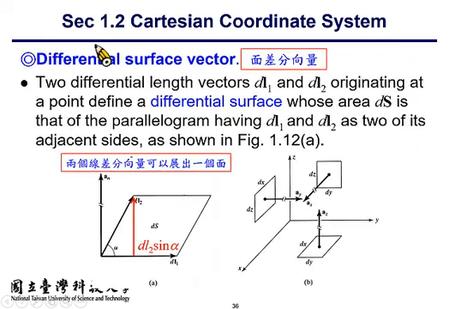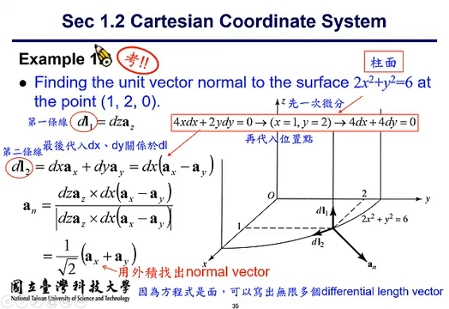Alright, okay. Let's talk about example 1.3. In this example, you are asked to find the unit vector normal to the surface of 2x squared plus y squared equals to 6 at the point 1, 2, 0.